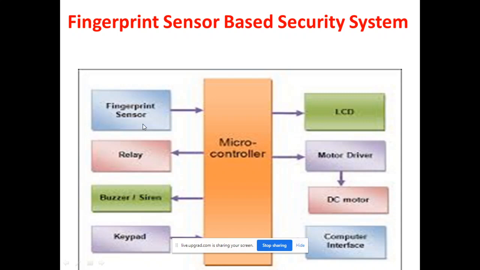This means there are two ways to input the data from the outside world into the controller. In this fashion, the controller takes the input from the input devices. In this case, there are two input devices: one is a fingerprint sensor and the second one is a keypad. Through these input devices, the controller gets the input.